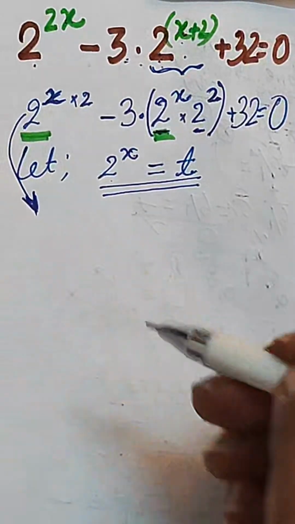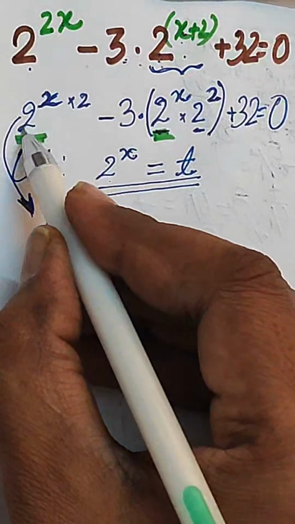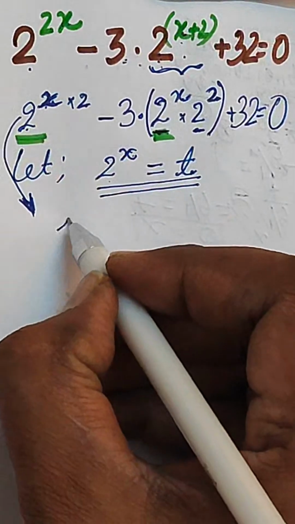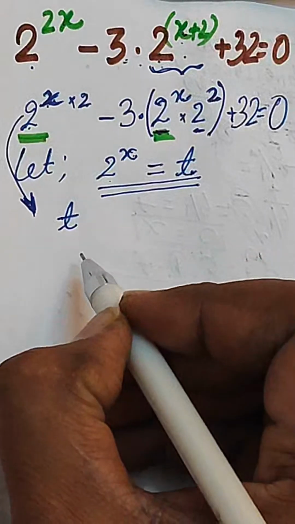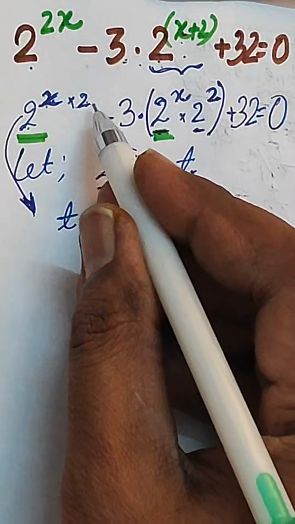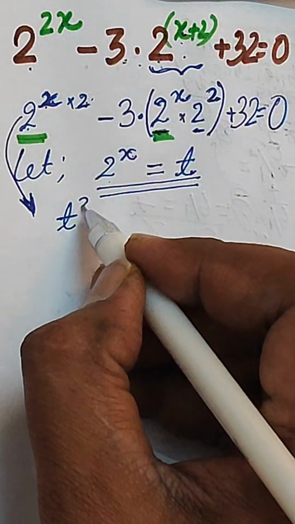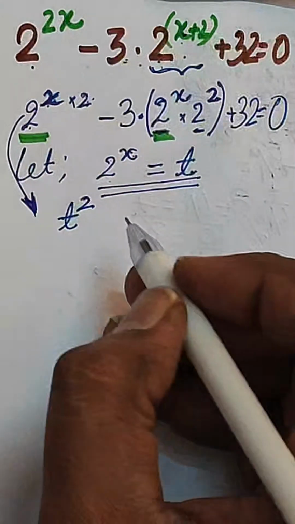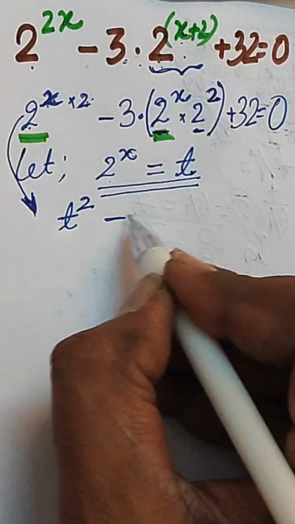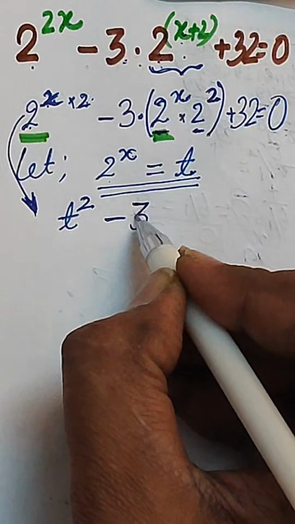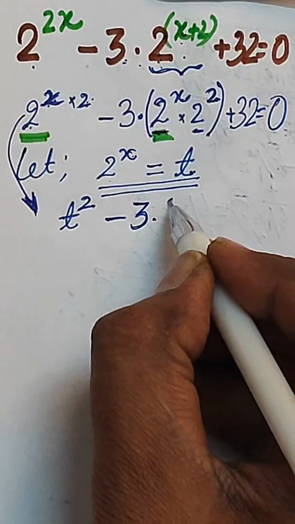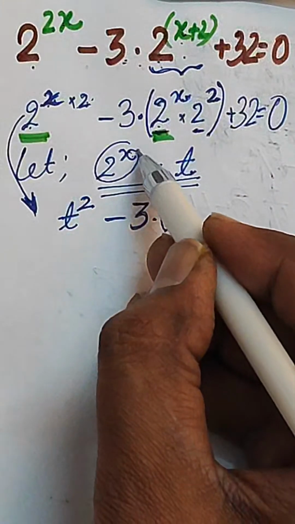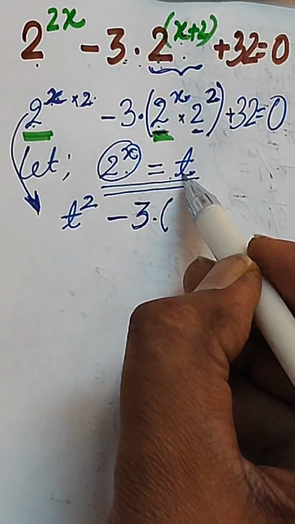And how will it be simplified? In place of 2 power x, write t. So this will become t, and the exponent is already 2, so it will be t square, isn't it? Minus 3 into the bracket, it was 2 power x, for this 2 power x use t.